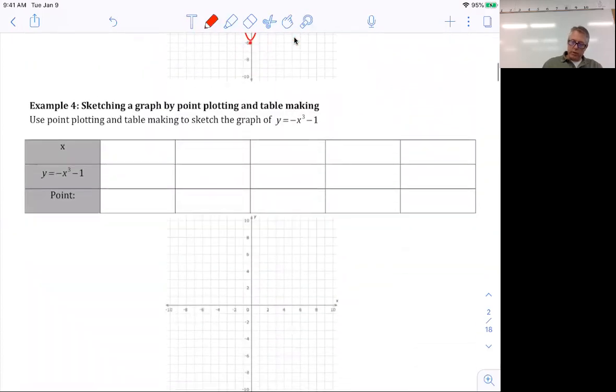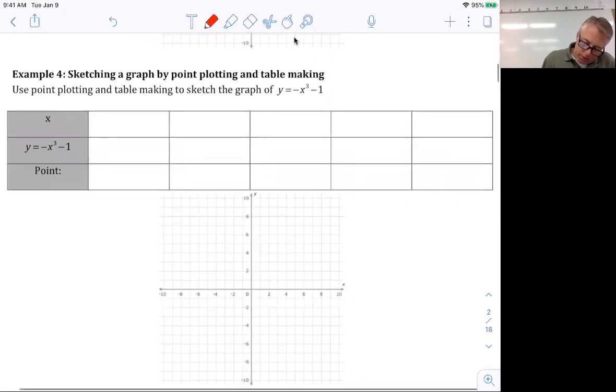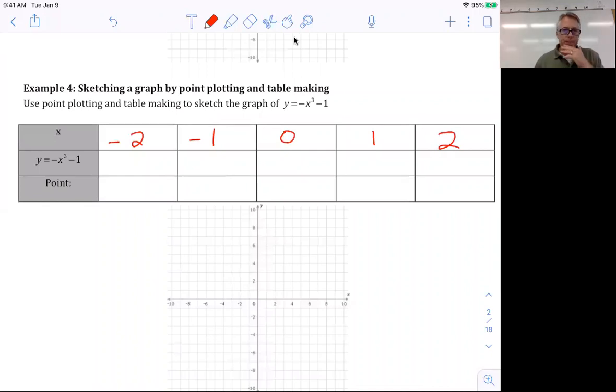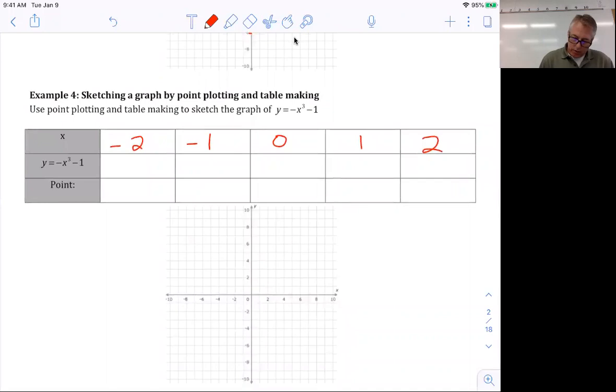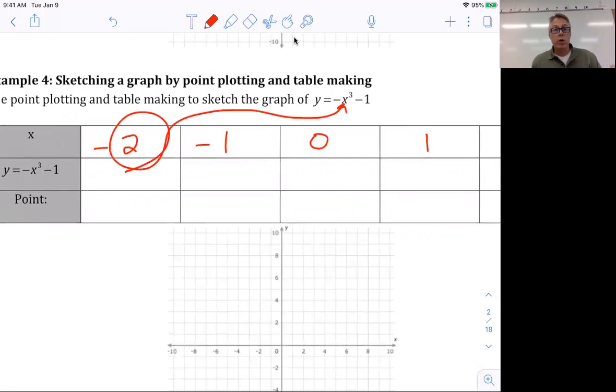The next one is a third degree or a cubic. So let's plug in the same numbers, -2, -1, 0, 1, and 2. All right, now when I plug -2 in for x, we do the cubed first, of course.